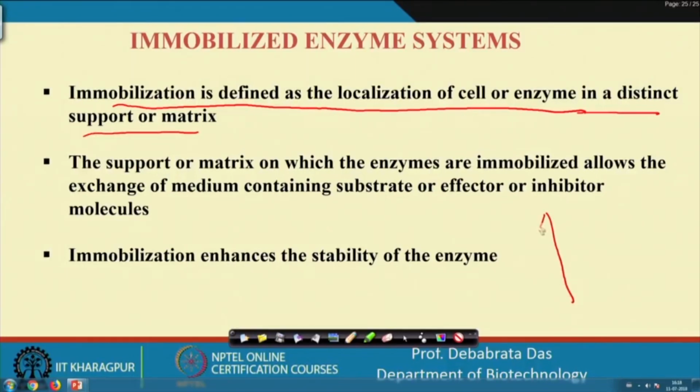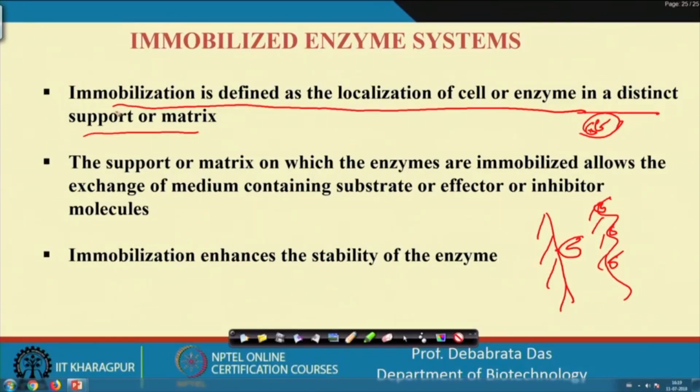What I want to say is, suppose this is a solid matrix and this is the enzyme, which is immobilized on the surface, or maybe the matrix has some kind of pore and inside the pore the enzymes are located, or it may be encapsulated inside the membrane. Enzymes are immobilized that way.